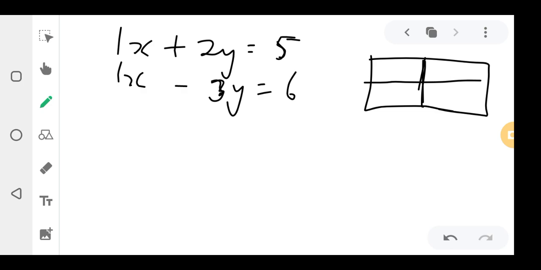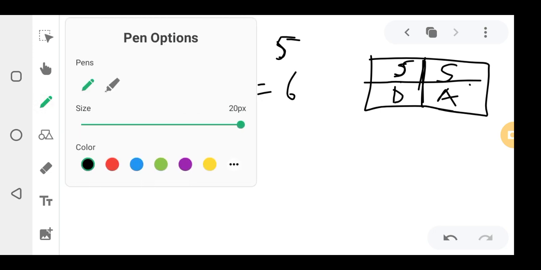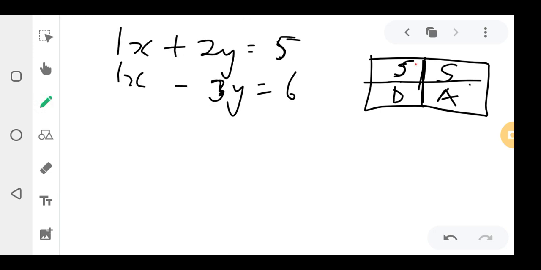It is written S on top, S on top, DA down. Okay, so SS, what does it mean? The first S means same signs. The second S means subtract. So same signs you subtract.